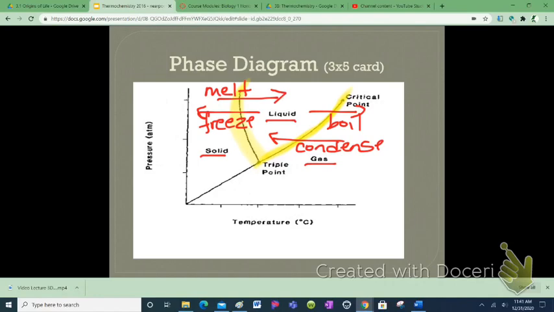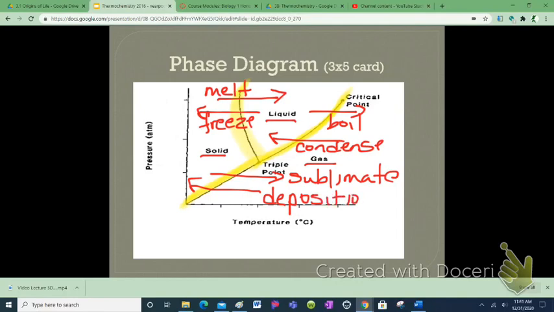And then the last line, the tail of the Y, is between solid and gas, because the solid can sublimate into gas, and the gas can deposit itself as a solid. So those are the lines where it would occur.